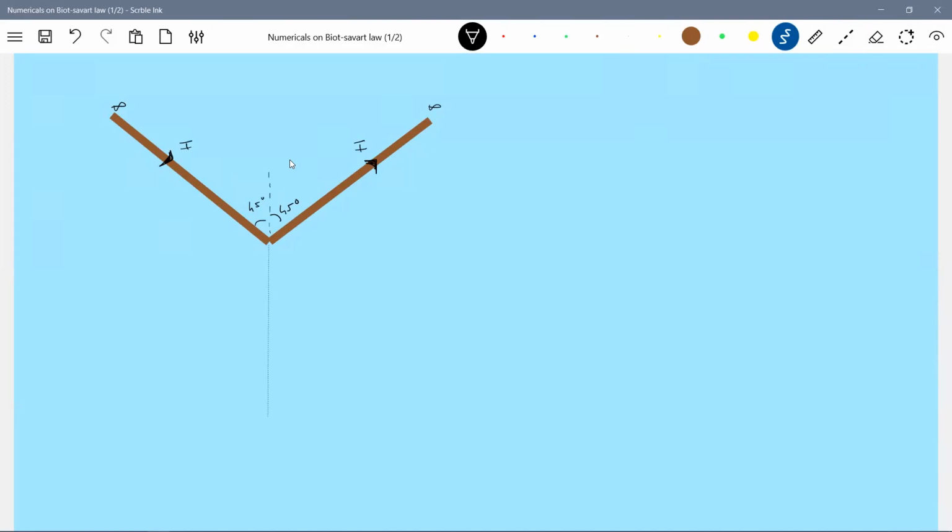We have to find the magnetic field strength at point P. Let this be at a distance A. This much information is there.